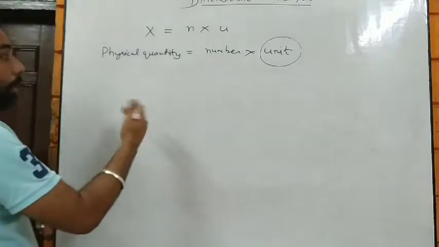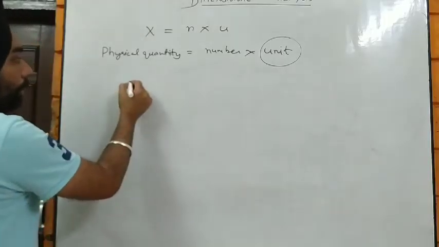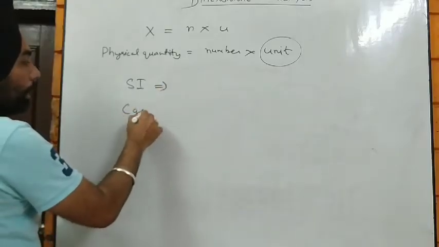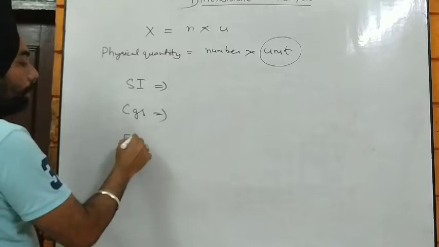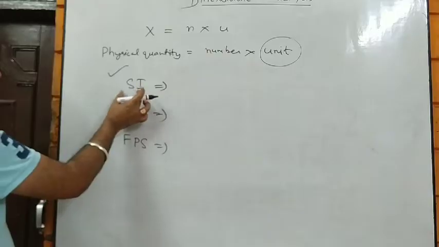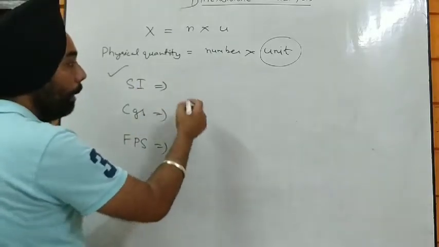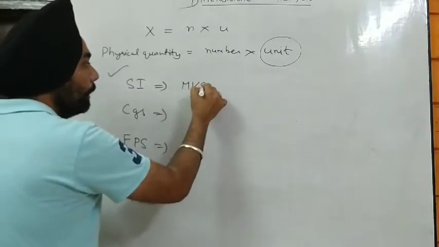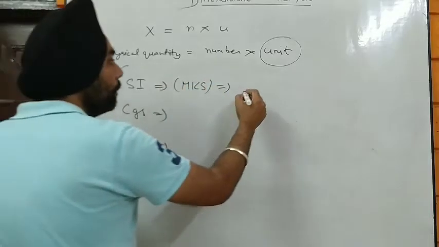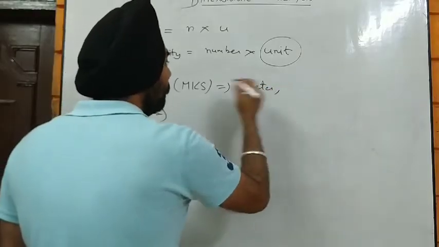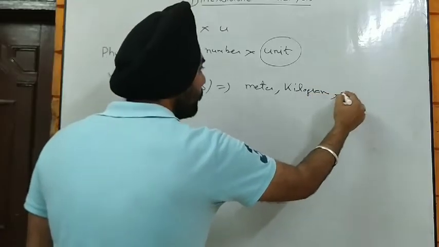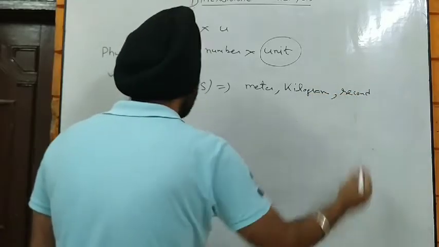Now there are basically three types of units available here. First is Standard International, SI, second is CGS, and the third is FPS. We basically use SI units. Standard International is the new name of the MKS system, where M is for meter, K is for kilogram, and S is for second.